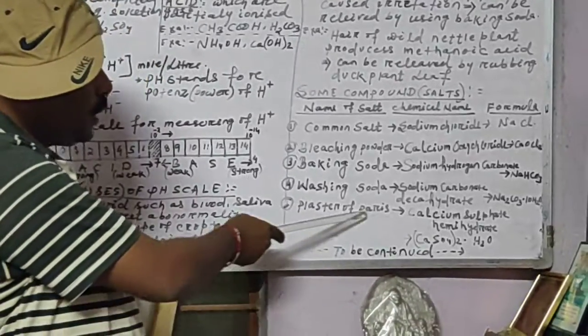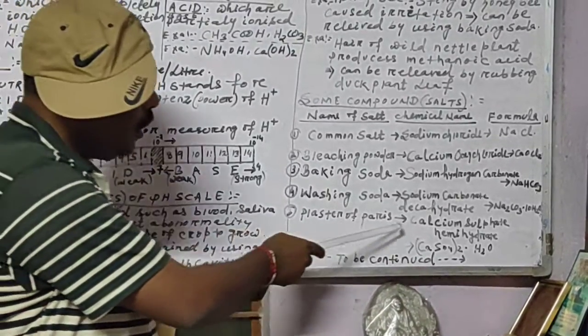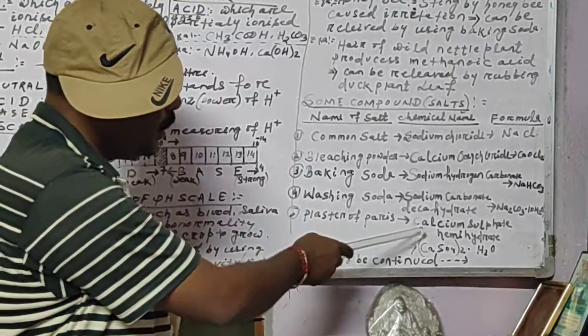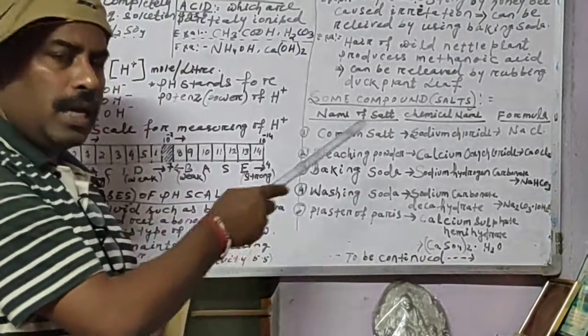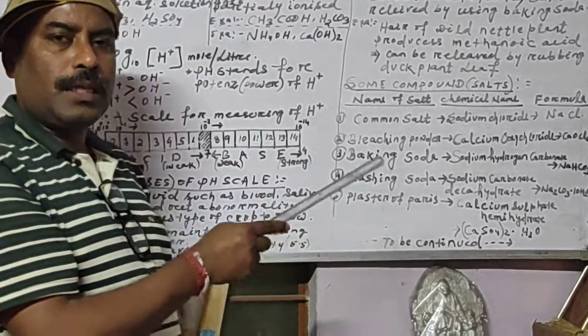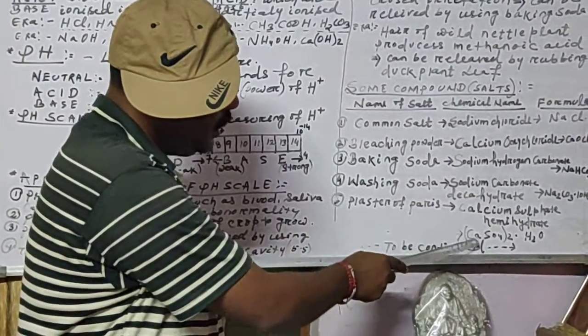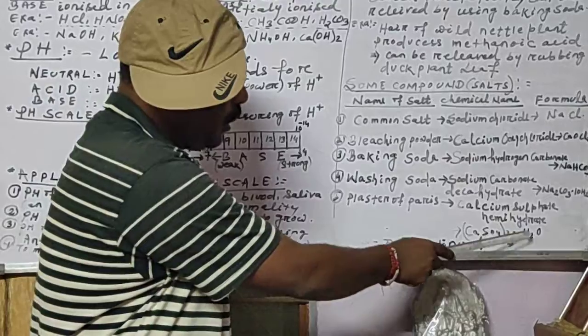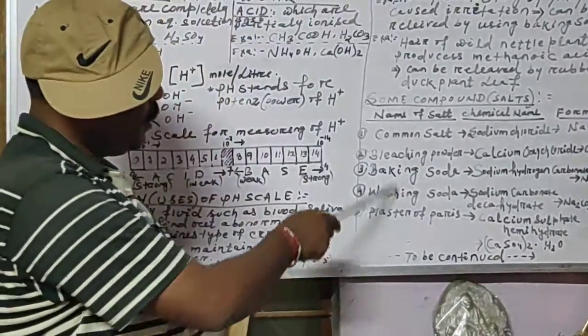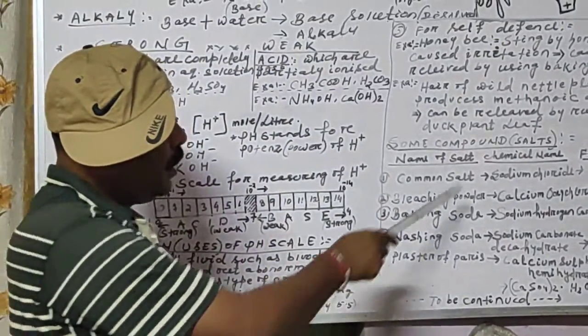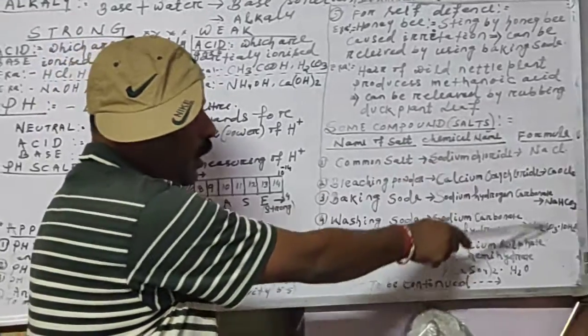It is a white powder, and its chemical name is calcium sulfate hemihydrate, and its chemical formula is CaSO4·½H2O.